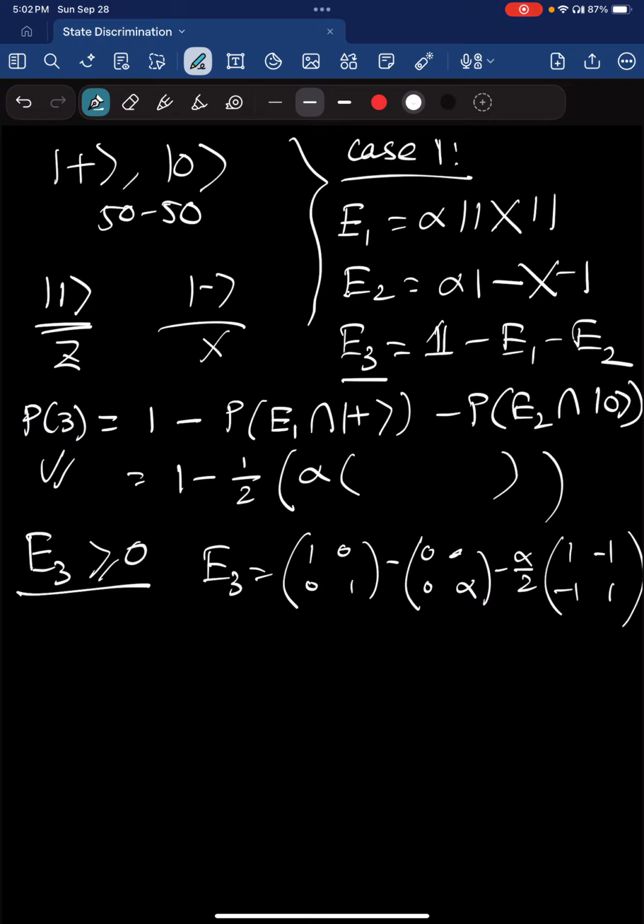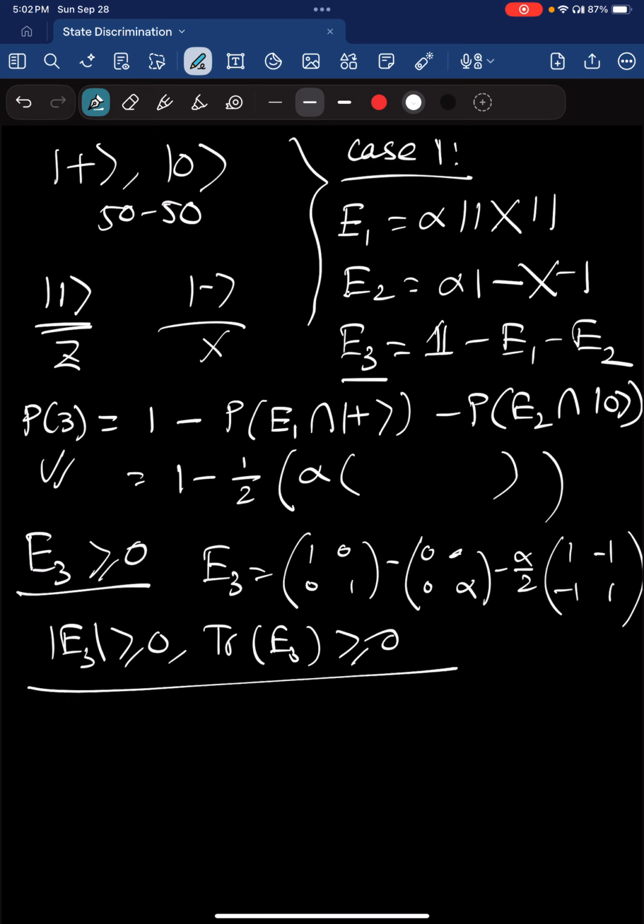So you can just take the matrix of E3, and since this is positive semi-definite, the determinant must be greater than or equal to 0, and also the trace. Why? Because the determinant is the product of the eigenvalues, and the trace is the sum of the eigenvalues. So if you try to solve that, you will find that the value of alpha is basically 1.